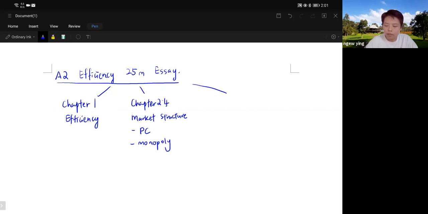Then chapters 3.1 and 3.3, which are about market failures and government's intervention to correct market failure.